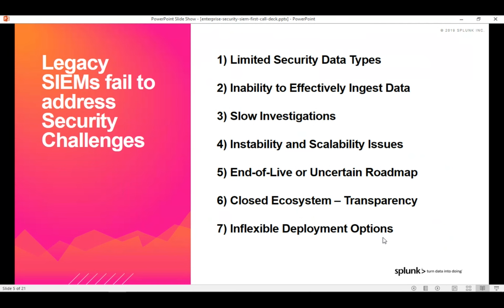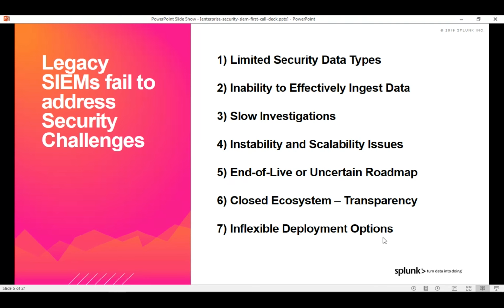So apart from the traditional security data types, you also need the capability to ingest all data. This is called machine data, I would say, not just traditional security data, but the overall data of your organization, which can be looked at from the lens of security analytics. Now, these legacy SIEM solutions are not capable of ingesting all types of data.